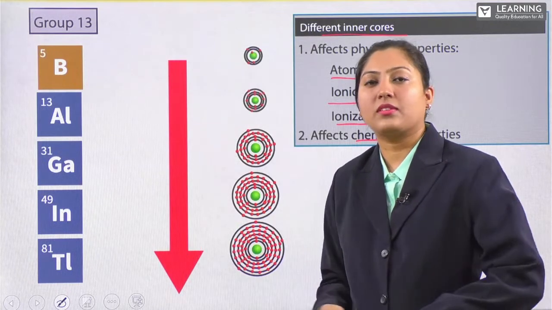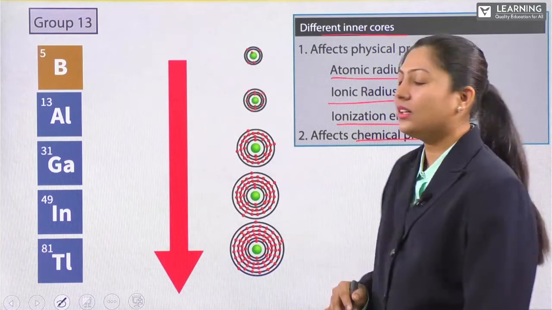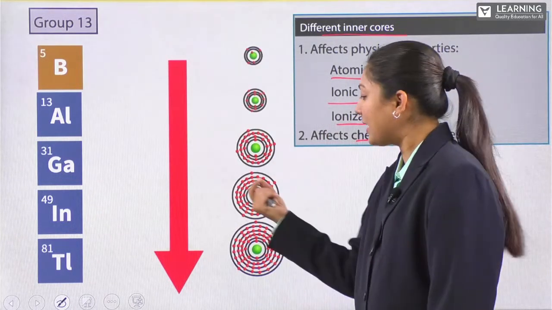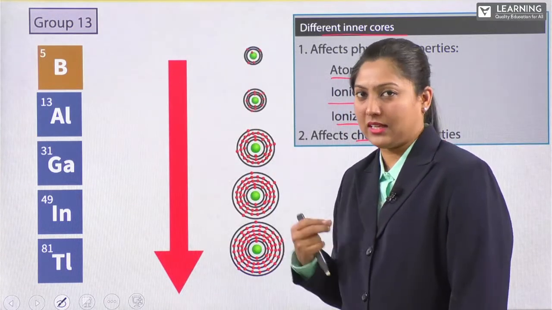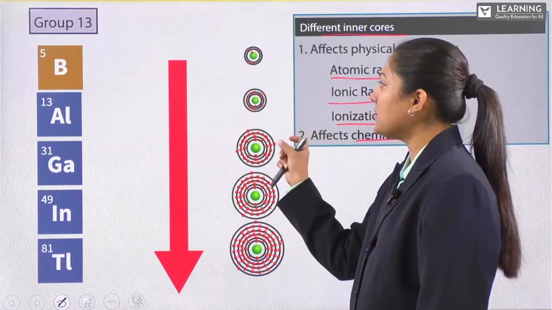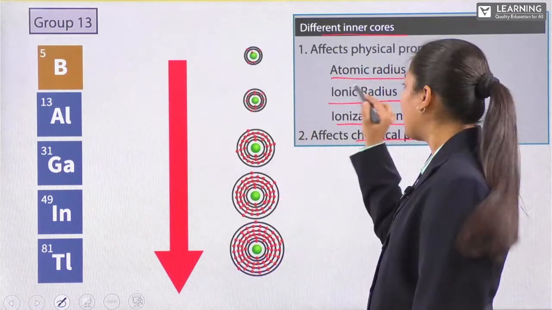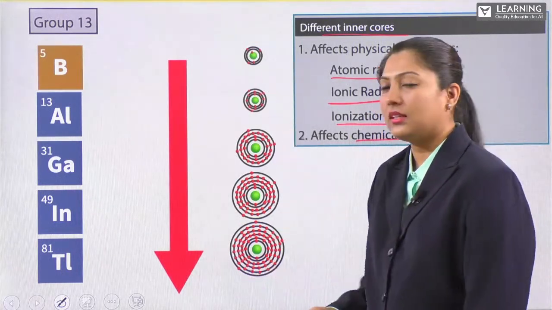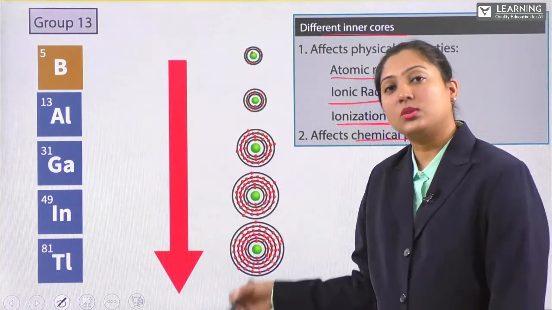What are some of the physical properties? The radius will increase. Yes, obviously they have a difference in the atomic radius. We have the ionic radius: when they react with other elements, they either donate or take electrons, right? At that time ions are formed, so the ionic radius also differs from boron to thallium. We also have ionization energy, which matters here.